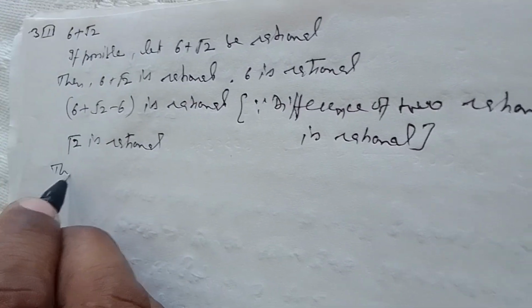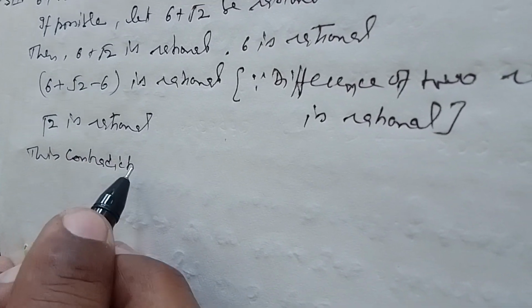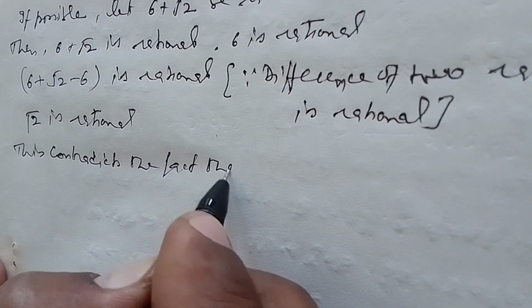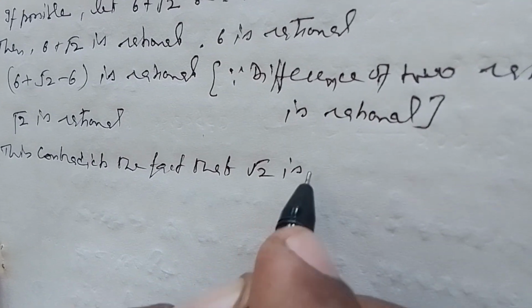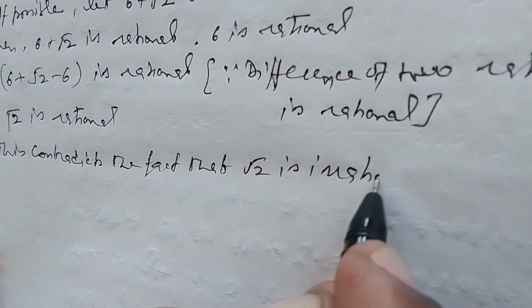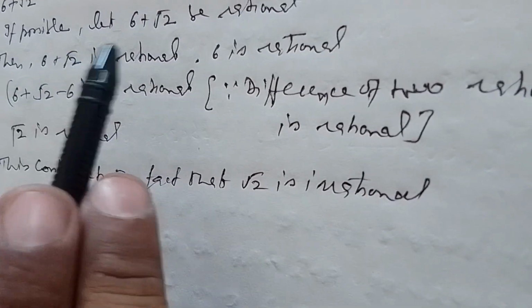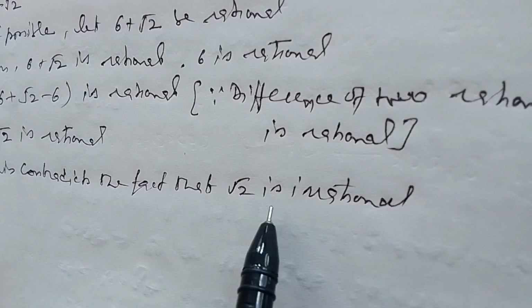This contradicts the fact that root 2 is irrational. So this contradicts the assumption.